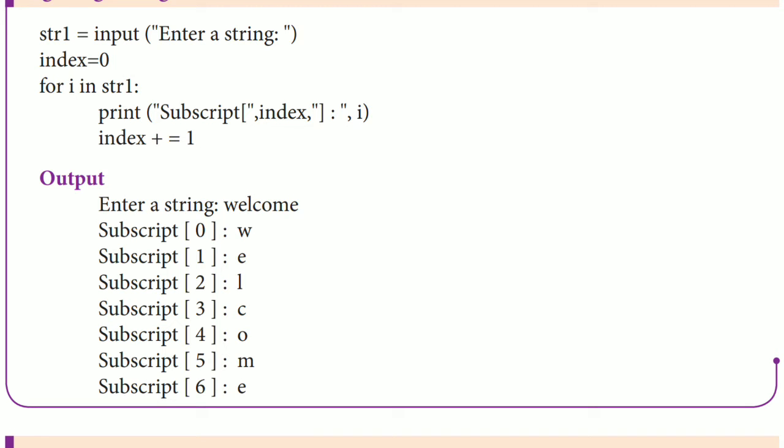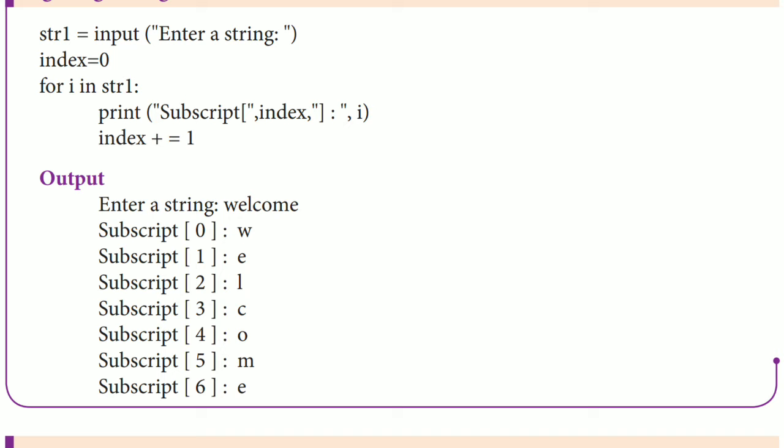So when every loop executes, the value of index is incremented by 1, from 0 to 1, 1 to 2, and so on. It is a positive subscript value, starting from 0, where 0 is W. In the output you can clearly see WELCOME. So this is positive indexing.